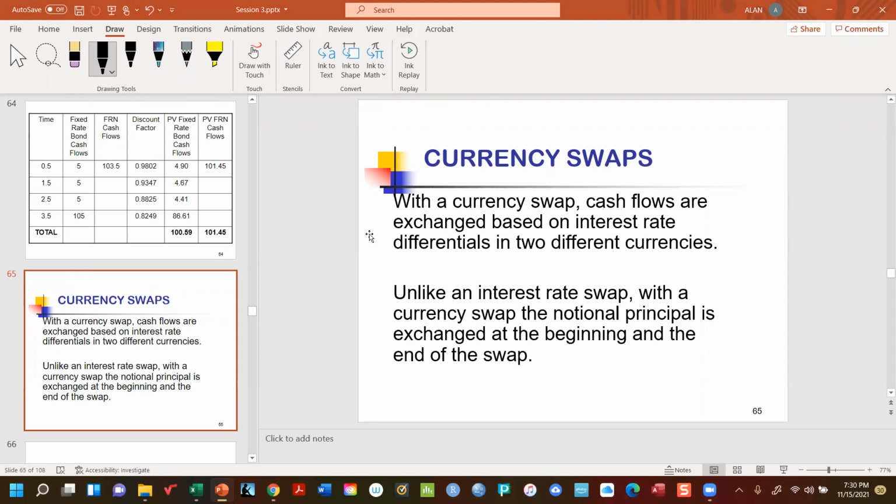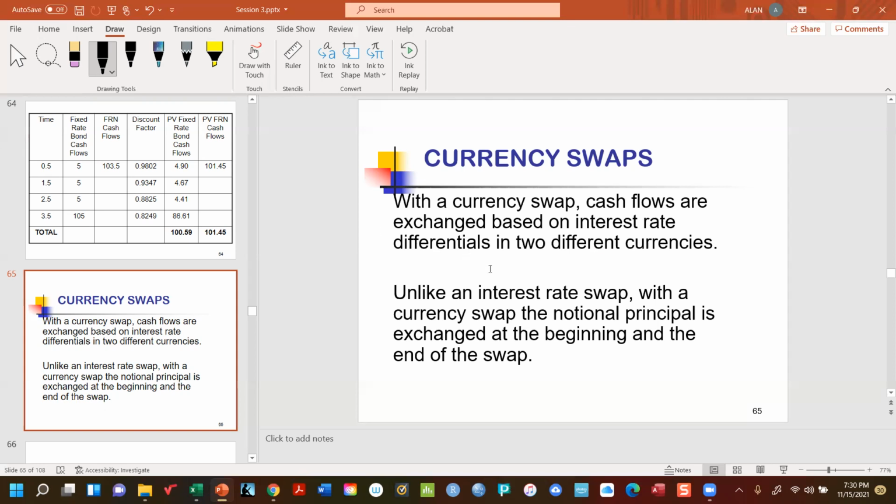So in other words, you might find yourself trading pounds for dollars based on the difference between the pound rate of interest and the dollar rate of interest. And then also, because these amounts are in different currencies, we often see the notional being exchanged in these cases, which you do not see typically with interest rate swaps. So this one is actually a little bit more involved.